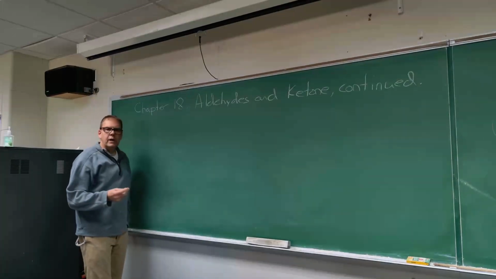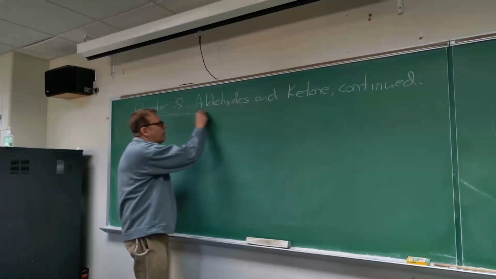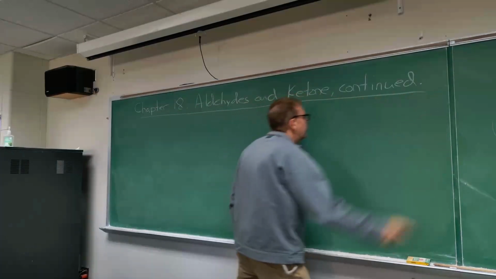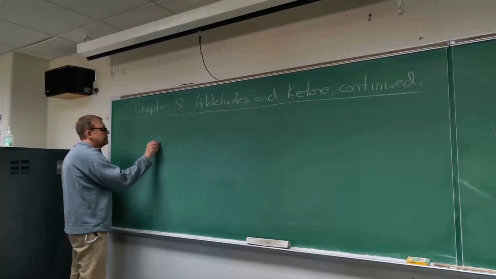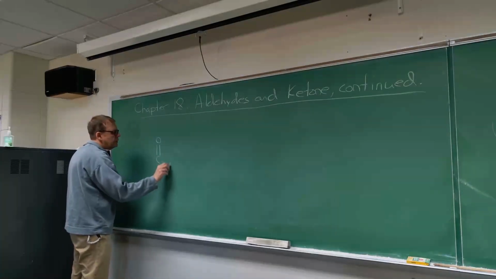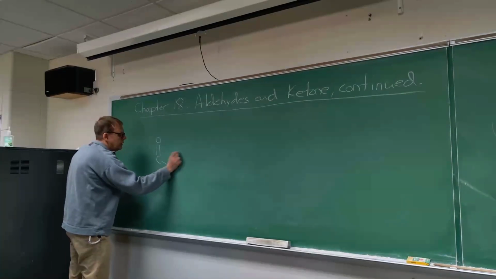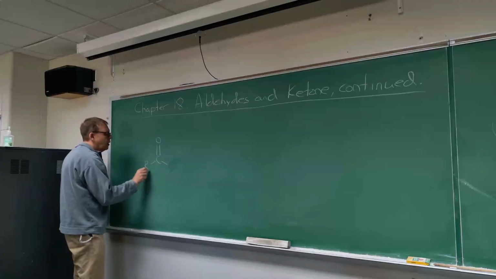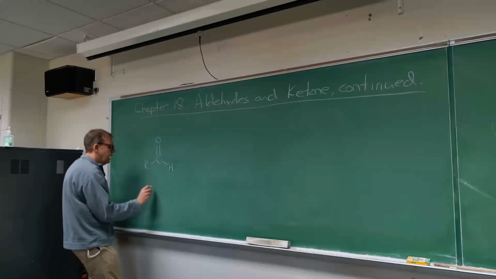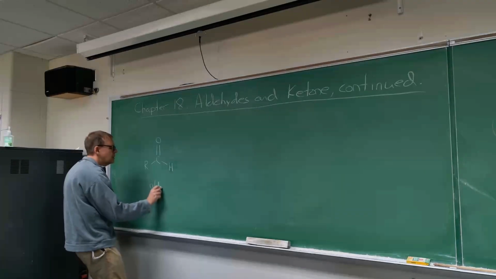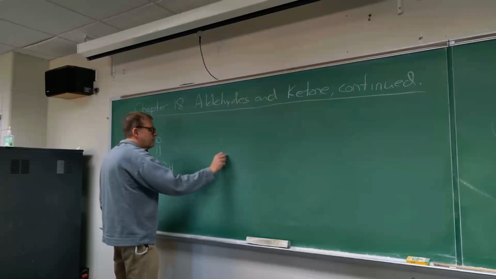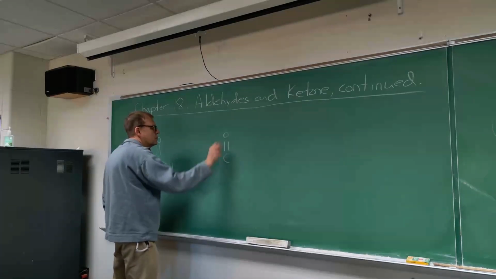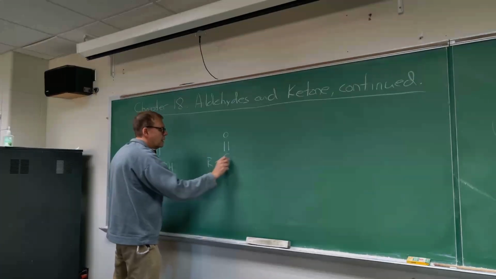Just as a quick reminder, though, about what they are and how they differ: they're very closely related. They both have a carbonyl with an R group. Just aldehydes have an H. Ketones have two R groups, and the two R groups could either be different or they could be the same.